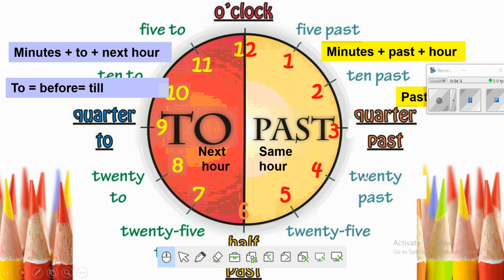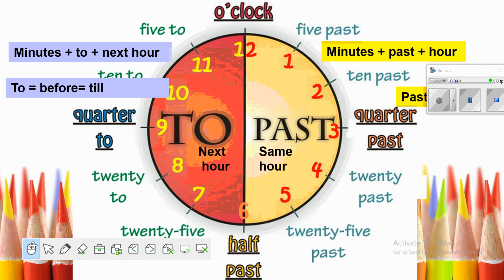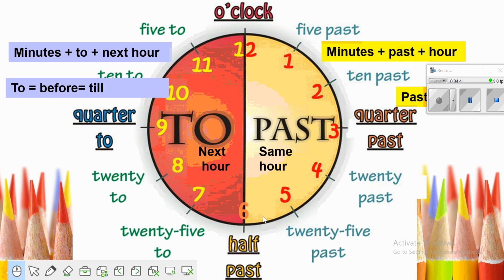Here is 20 past. Here 25 past. And it is half past. So see, 5, 10, 15 or a quarter, 20, 25, all of them come after the word past.